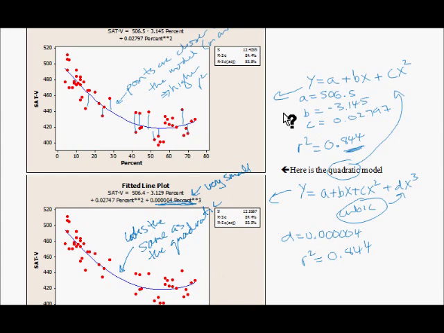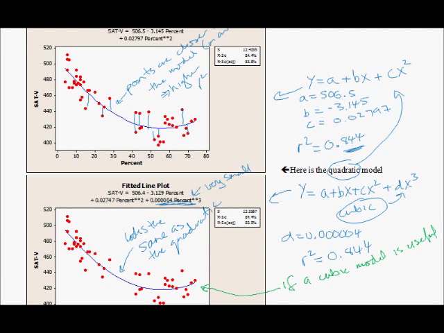Maybe I'll use a different color here, getting too much blue on here. So if a cubic model is useful or good, what should we see?